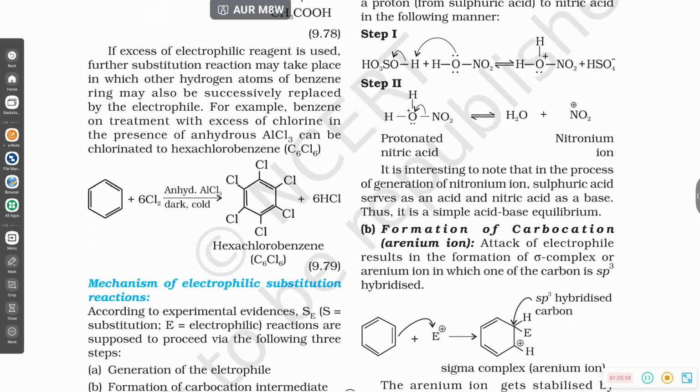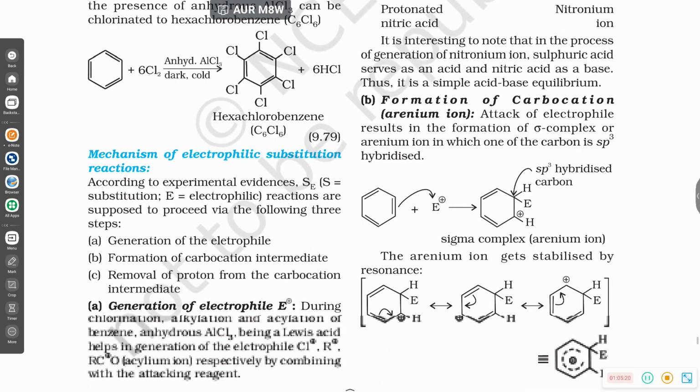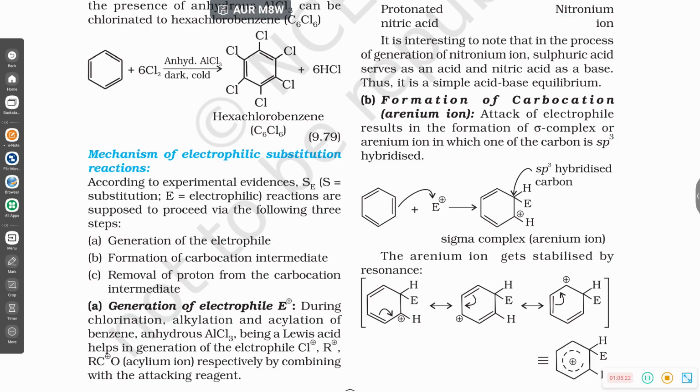First is generation of the electrophile, then formation of the carbocation intermediate. The electrophile comes here, whether Cl plus, CH3CO plus, CH3 plus, or NO2 plus.